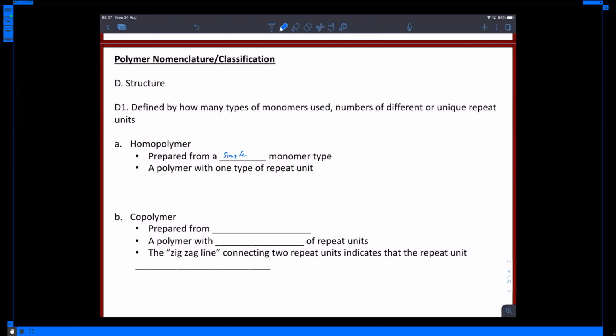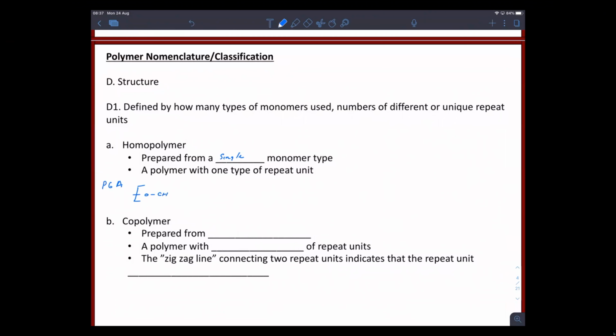Some examples here will be PGA, and then PLA.